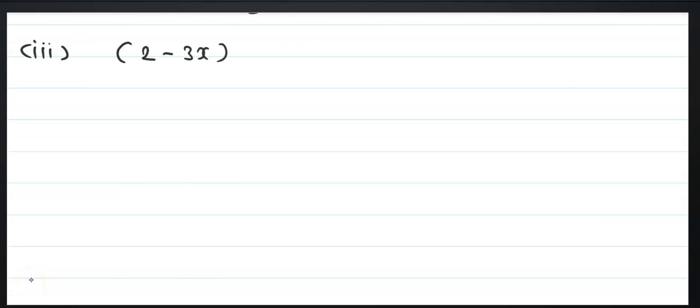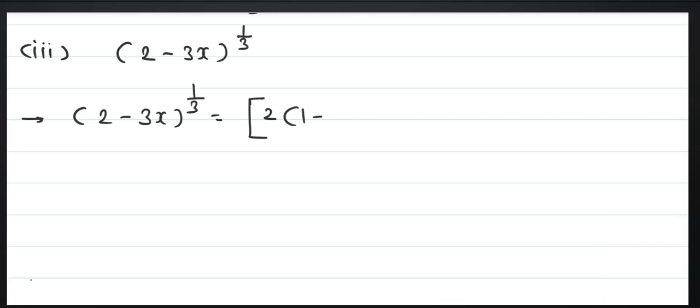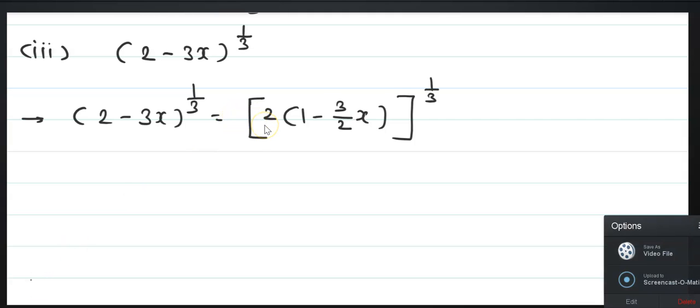Third one. Now here is (2 minus 3x) raised to 1 upon 3. The first term we require is 2, therefore we will take 2 as common. If you take 2 as common, then in the bracket you will get 2 into [1 minus 3 upon 2 into x], the complete bracket raised to 1 upon 3.